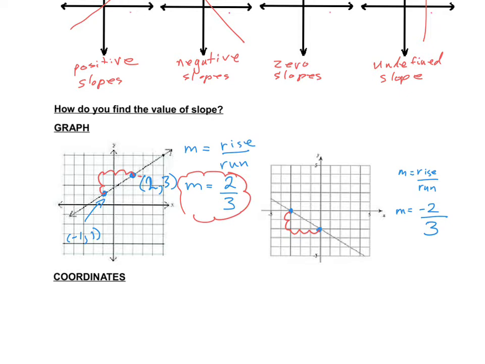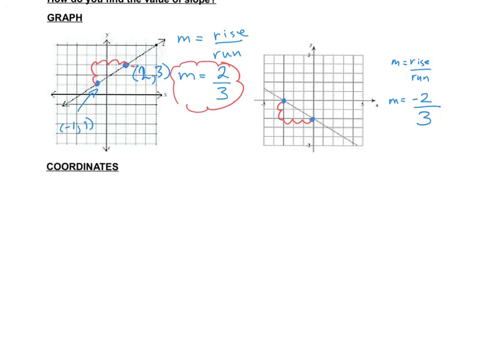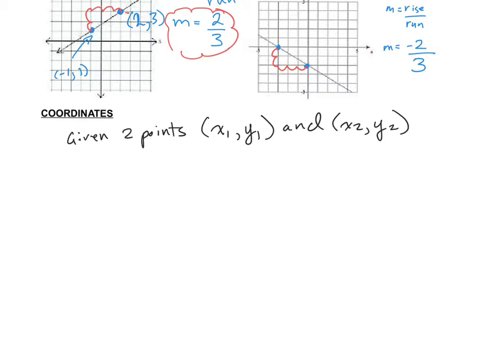Now imagine if I wanted to calculate the slope from the coordinates. Given 2 points, (x1, y1) and (x2, y2), the slope of a line, m, is going to be y2 minus y1 over x2 minus x1.